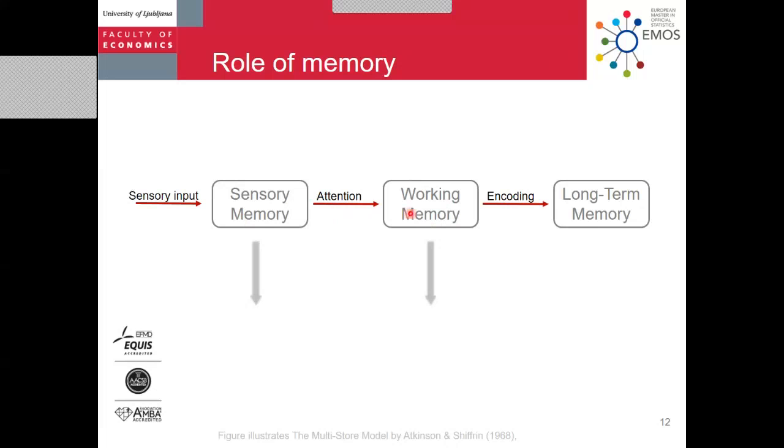If rehearsed, of course, the information can be moved into long-term memory, and long-term memory is relatively permanent and also unlimited in capacity, and from long-term memory you can recall the information back into working memory when necessary.